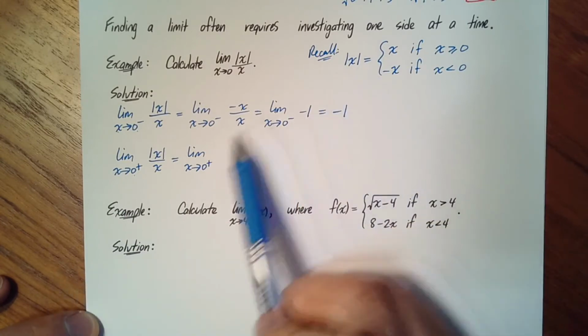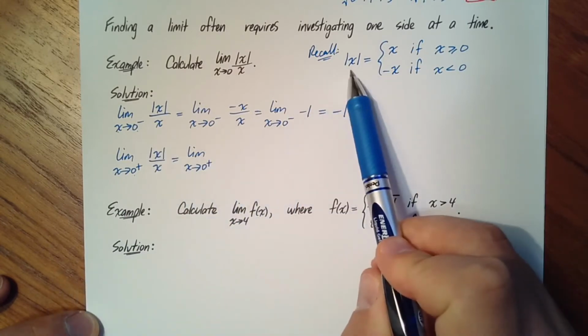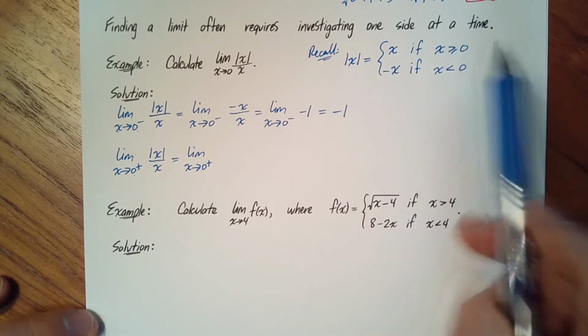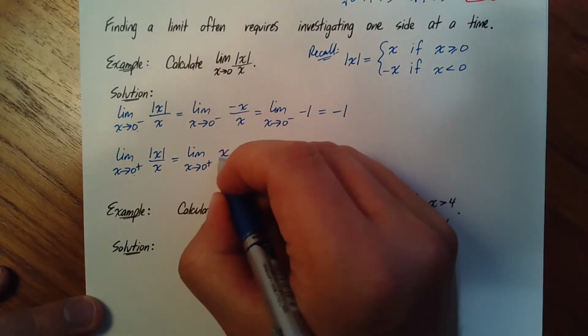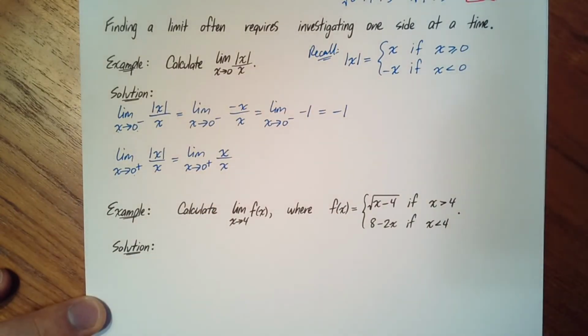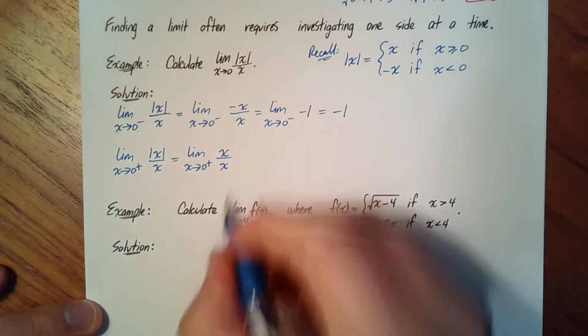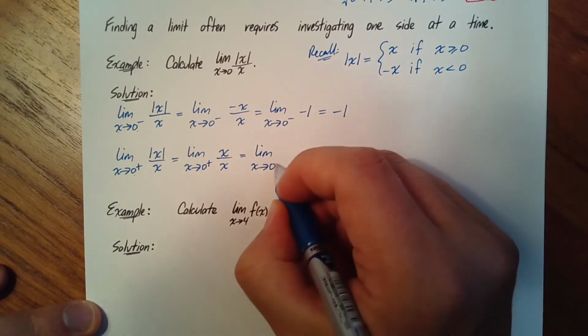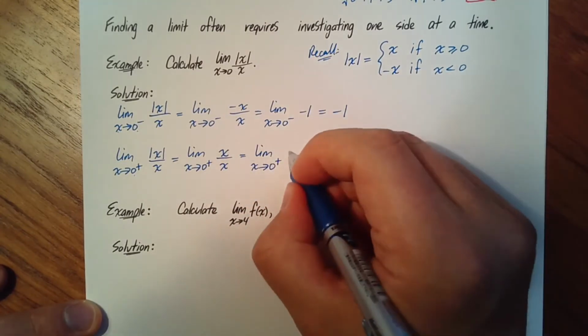So that means this absolute value of x will be replaced with just x. So we're actually just going to get x over x this time. And now, still, we can cancel the x's, and we get the limit as x goes to 0 from the right of the constant 1.